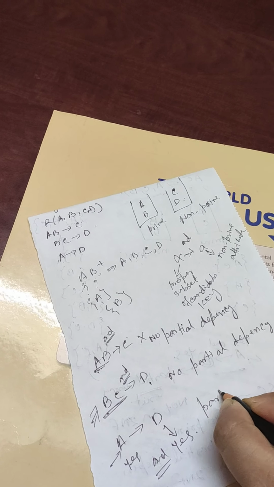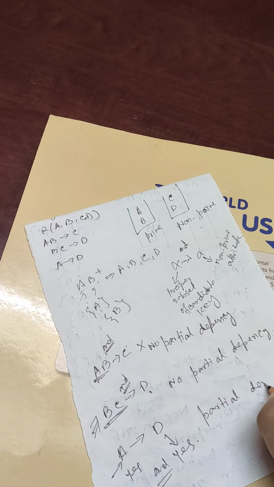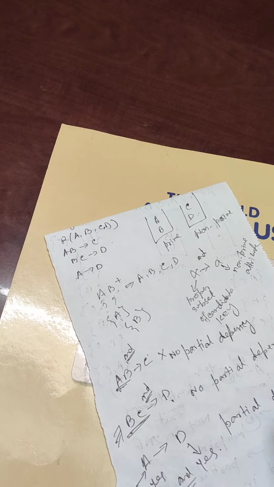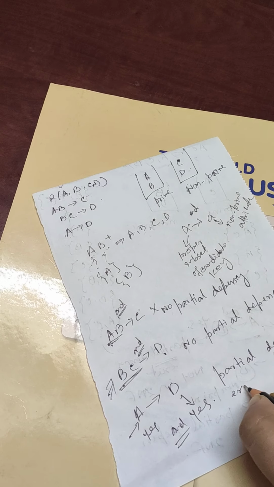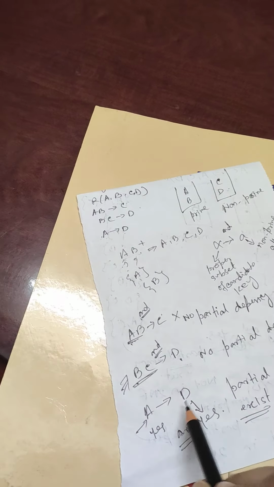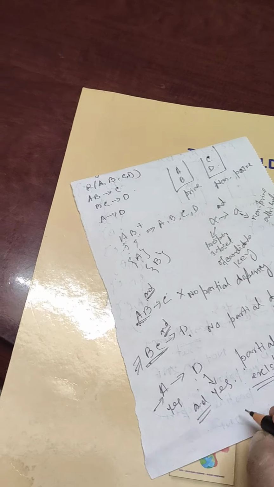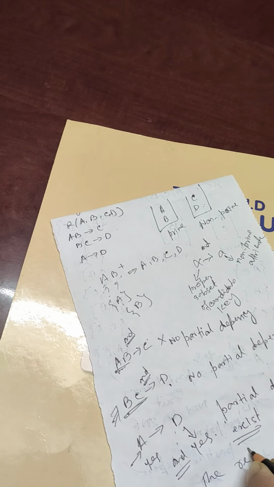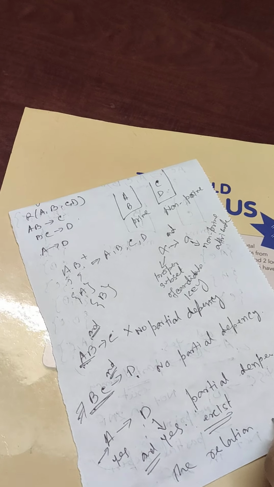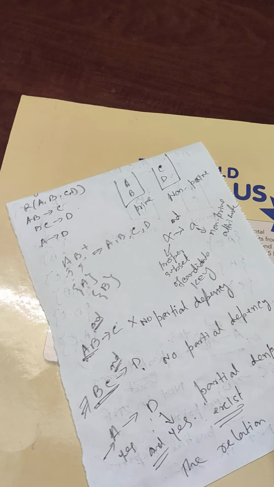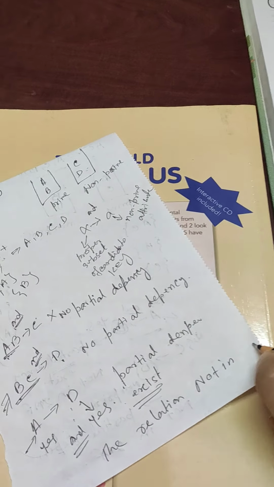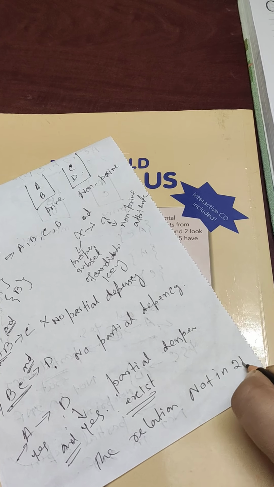So partial dependency exists. That means in one of the functional dependencies there exists partial dependency. So the relation is not in 2NF.